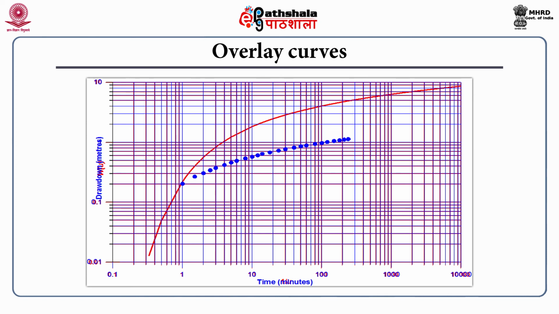So, by overlay of these two curves, we find a common point where these two curves are matching well, and corresponding to this matching point we obtain the parameters like well function and auxiliary function from the data curve and the type curve.